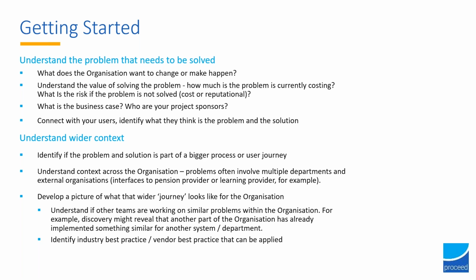And by users, I'm talking about the people who are actually using the data, the data owners, the day-to-day users, those people who are going to notice when this data is not there anymore. They need to be bought into what the project is trying to do. And in that, it's understanding the bigger process and the user journey, the whole context.